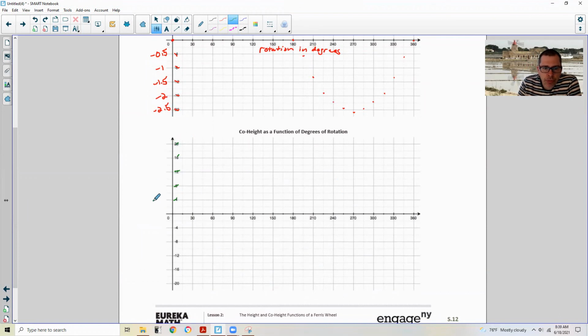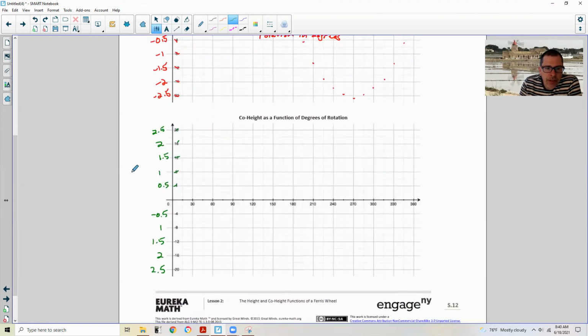We're going to use 2.5, 2, 1.5, 1, 0.5, 0, negative 0.5, 1, 1.5, 2, 2.5, and this was height in centimeters. This will be cosine in centimeters. And this is going to be rotation in degrees.